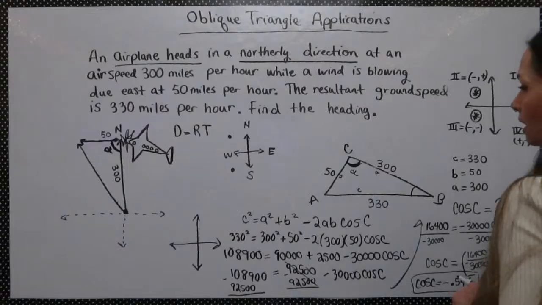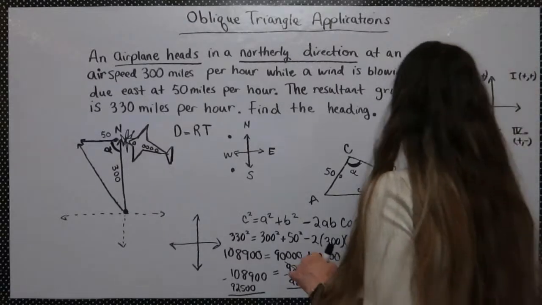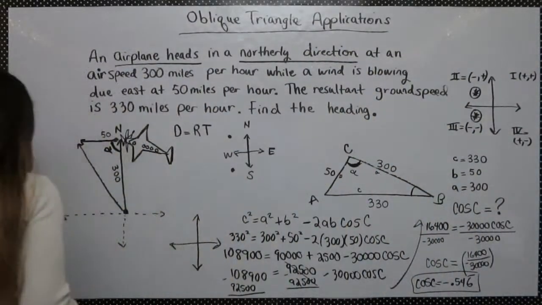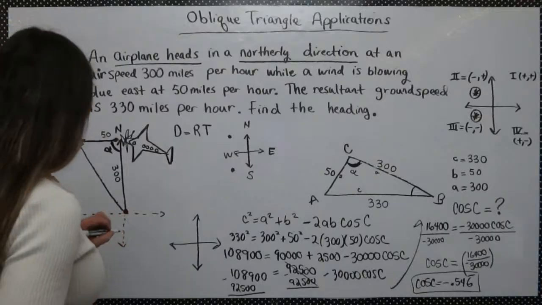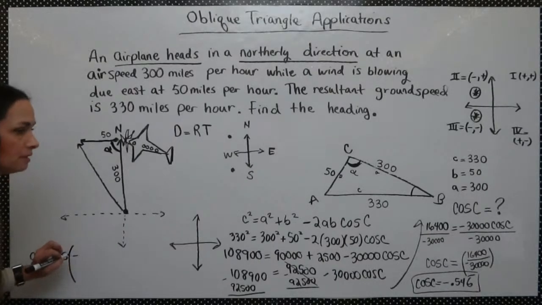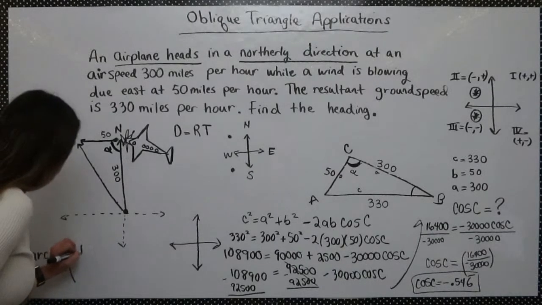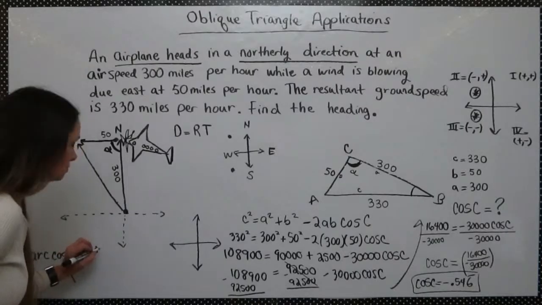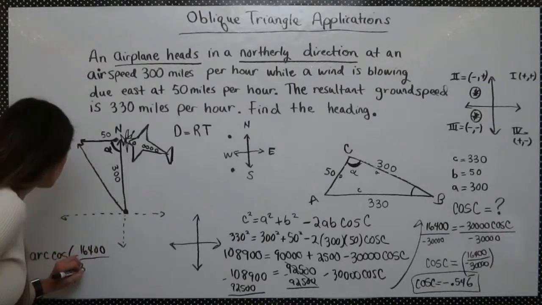So to solve this, you have to use the inverse cosine. So we're going to say arc cosine of that argument, negative 16,400 divided by 30,000.